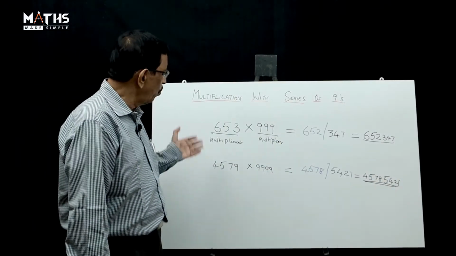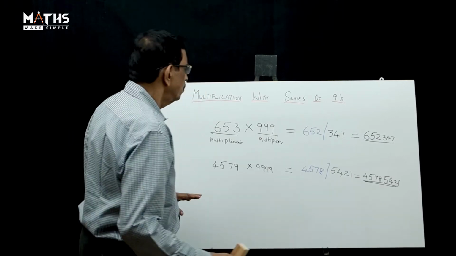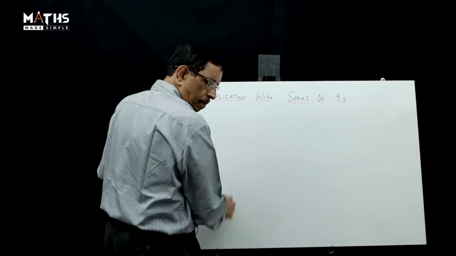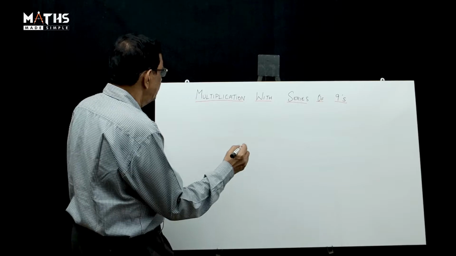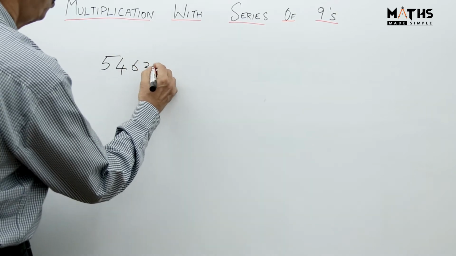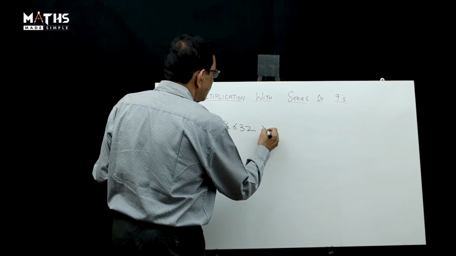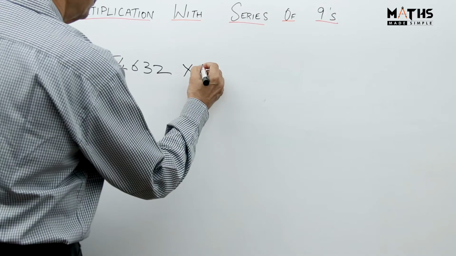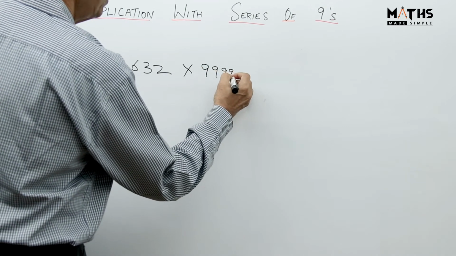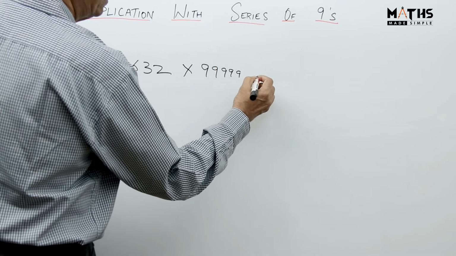Probably we will see one more bigger problem also, so that the concept becomes very clear for you. Let me take a 5-digit number, 54632. If I multiply this with 99,999, all this forms part of the series of 9s.